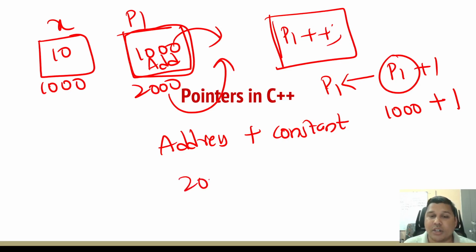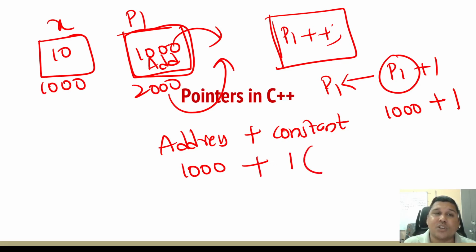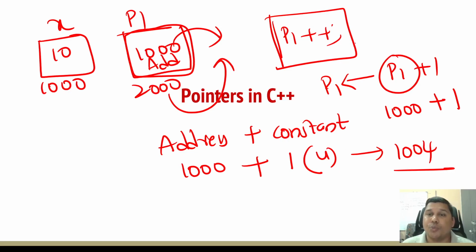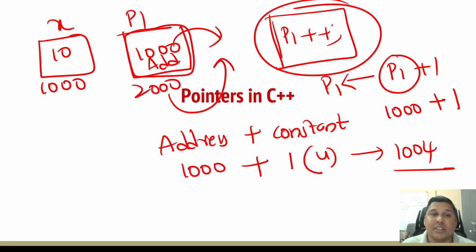P1 contains 1000, right? So here it is 1000 plus 1, which means 1 into what is the size of this block? 4. So this will move to 1004. Because of this p1 plus plus, the value inside p1, which is 1000, will now become 1004.